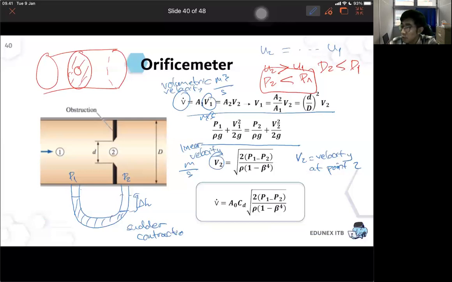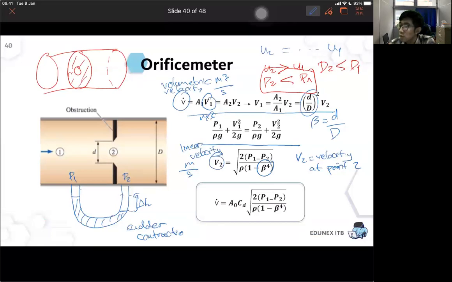Okay, how about this one? Beta is basically this one: the smaller diameter divided by the bigger diameter. So the equation should be exactly the same as the sudden contraction. And how about how to calculate P2 minus P1 or P1 minus P2, which one is higher?